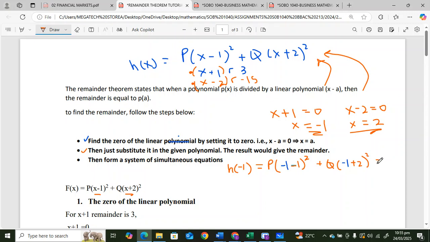Okay. Then equate this to the remainder. Remember, the remainder for x plus 1 is 3, so equate this to 3.